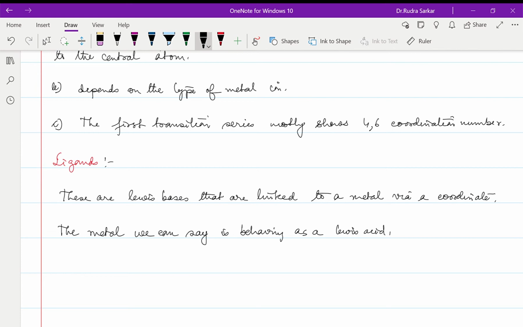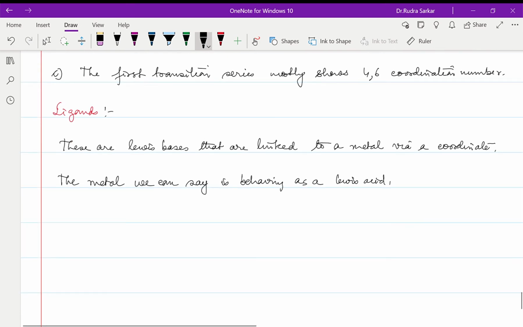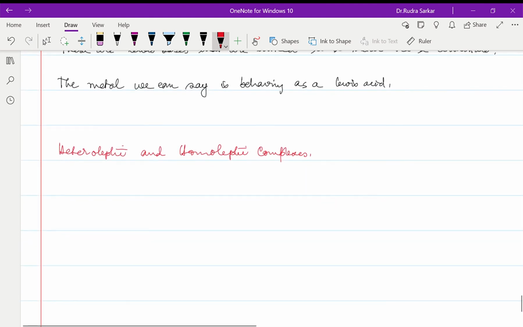Now, thing about the complexes. What is the meaning of heteroleptic and homoleptic complexes? Okay.